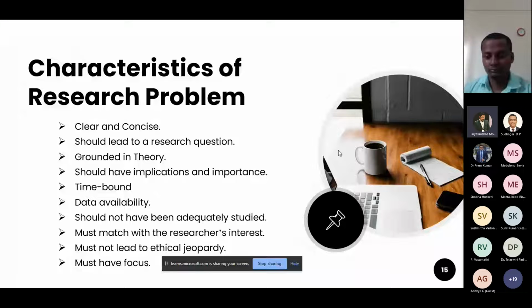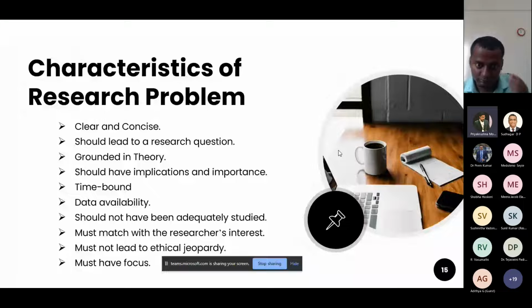One of the good problem statements can be to investigate the impact of COVID-19 on the socioeconomic condition of artisans in a particular village.